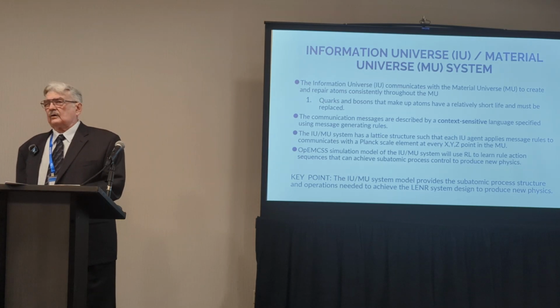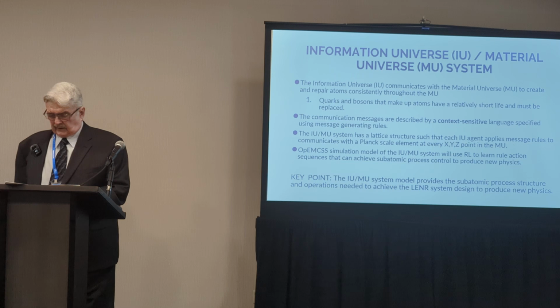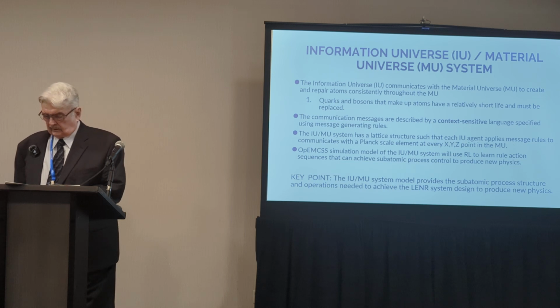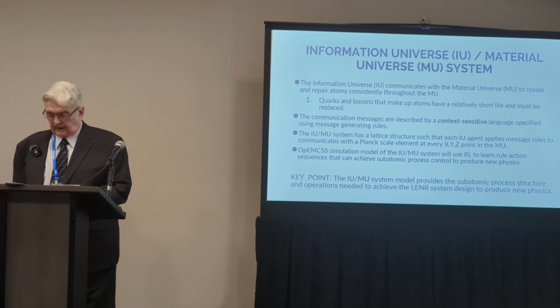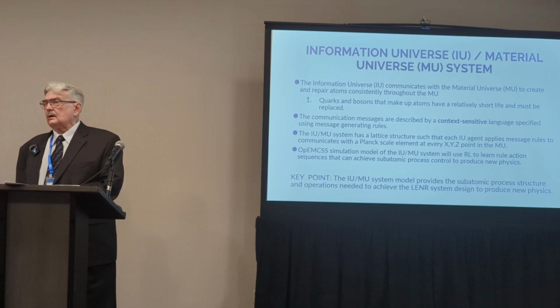Another thing that we've learned is that there's a lattice structure. The material universe is a lattice structure of IU agents that apply message rules to communicate with a Planck scale element at every XYZ point in the MU.